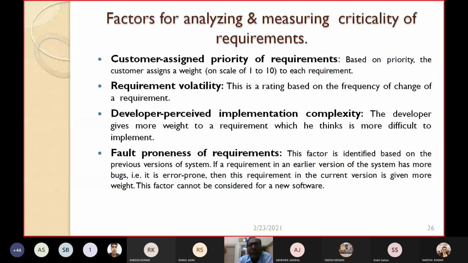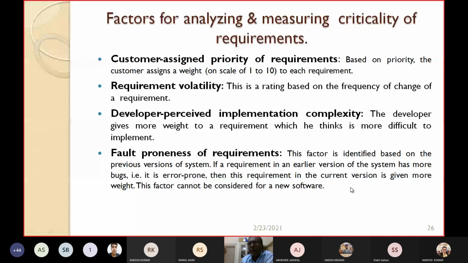First factor is the customer assigned priority of requirements. So how do you assign the priority here? Based on priority, the customer assigns a weight to each requirement. What is the priority of the customer? For which requirement, how much priority does he want to give?